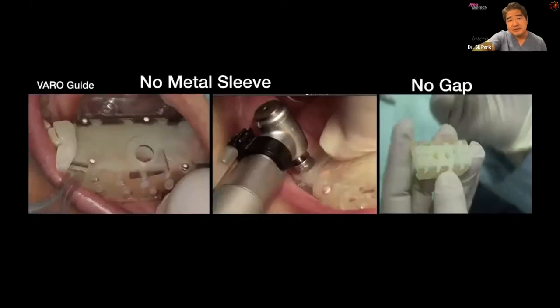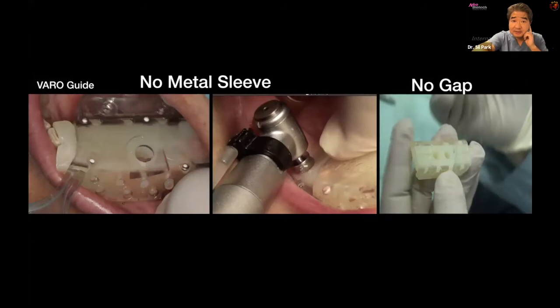So with the VARO guide, as we discussed before, there is no metal sleeve, and the resin itself is the guide and the sleeve itself, right? We can use the resin as a sleeve, and we can also control the diameter of the sleeve.